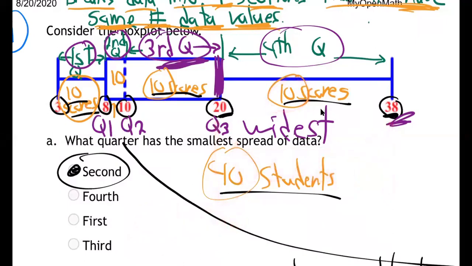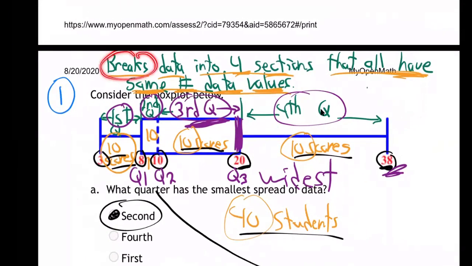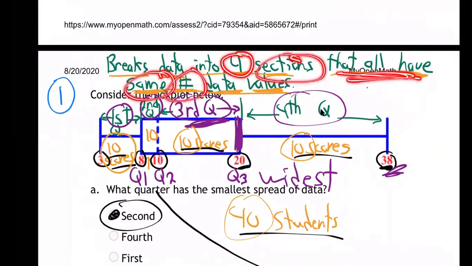If they asked me how wide is the interval between 20 and 38, then yeah, I could subtract those and get 18. That's how wide, but they're not talking about how wide right now. They're talking about how many students scored in that range. 10 students got a score on the quiz between 20 and 38. How do I know that? Because a box plot breaks the data into 4 sections that all have the same number.